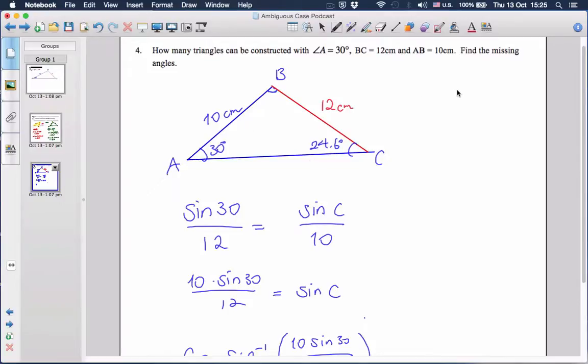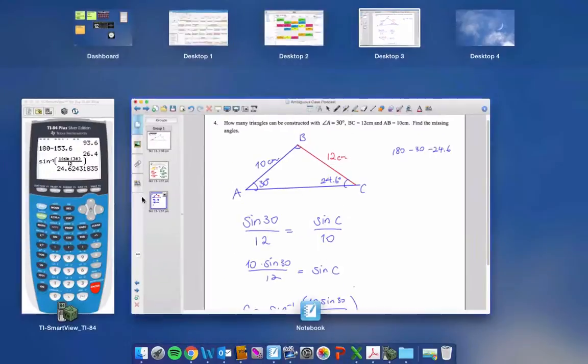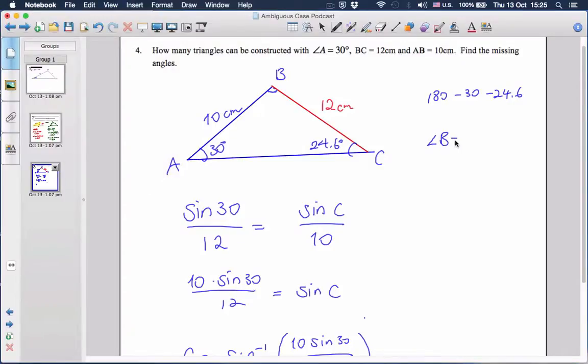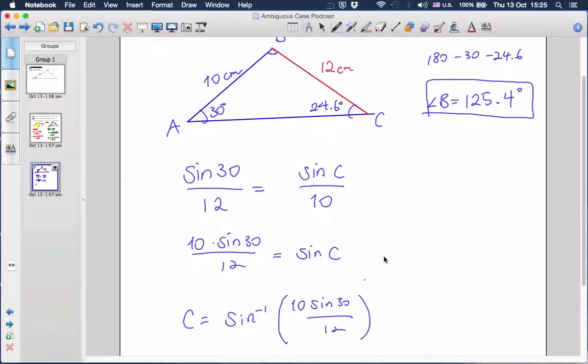So 180 minus 30 minus 24.6 is going to be 125.4. So angle B is 125.4 degrees. So we found the missing angles.